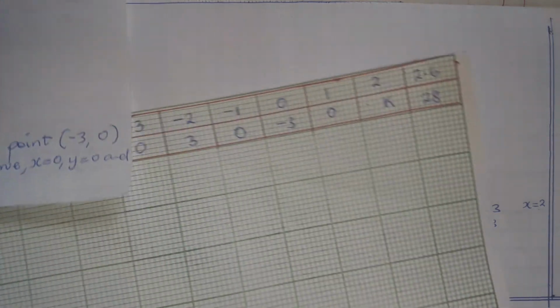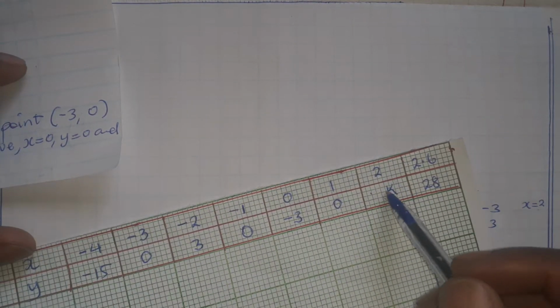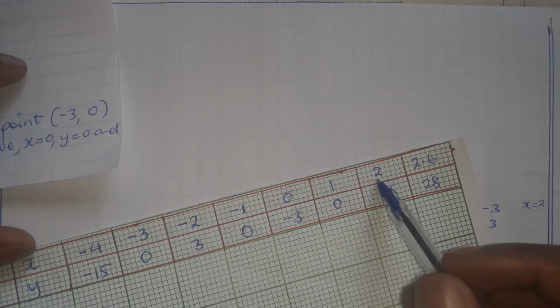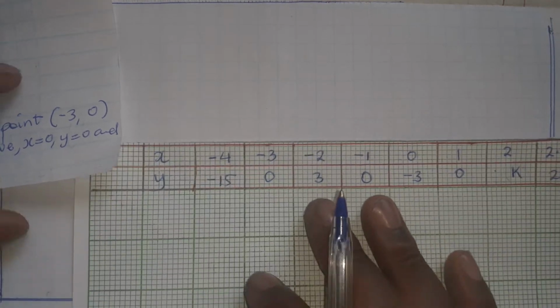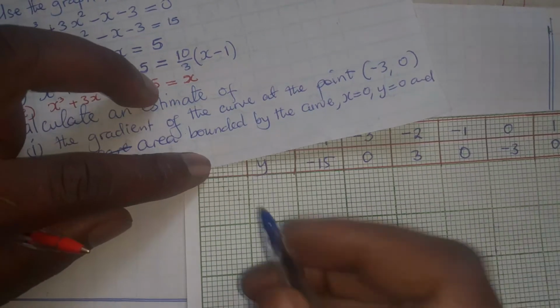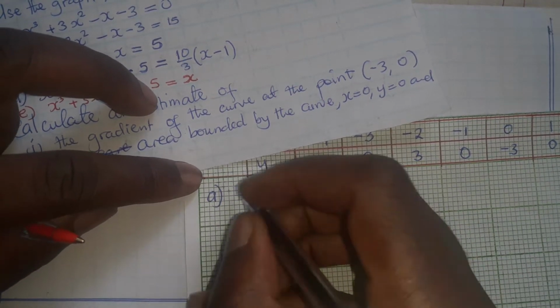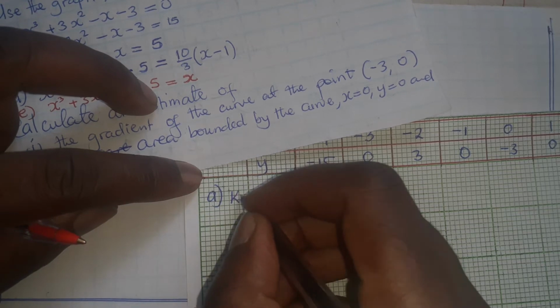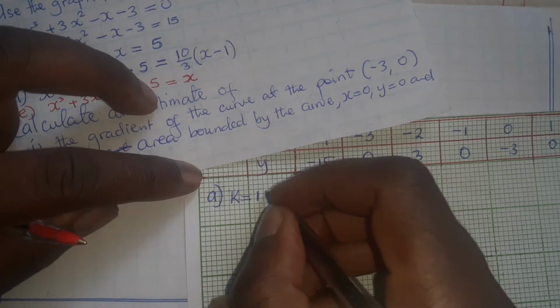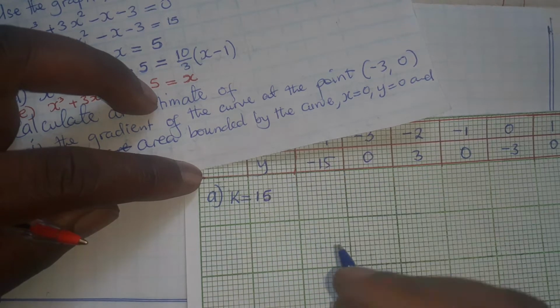Now this point here where we have k has been given as 15. So this is going to be (2, 15). So I can come back to my question and write my answer for A: k is equals to 15. That is my answer.